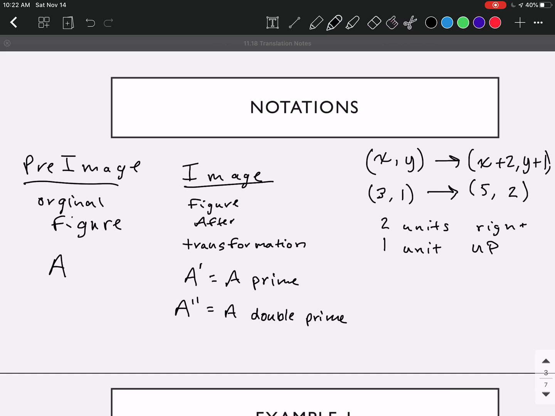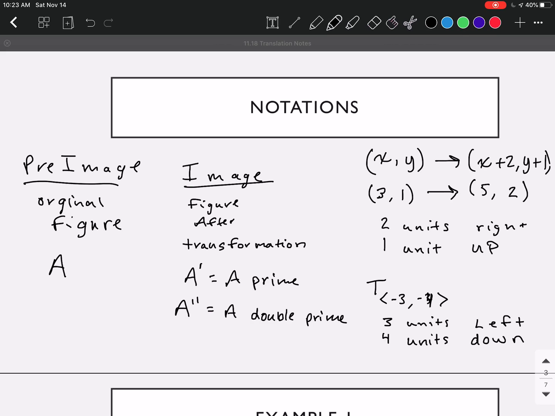And then the other way we can see it is with a T and then an arrow of, let's say, (-3, -4). This would just mean it is moving 3 units left and then 4 units down.